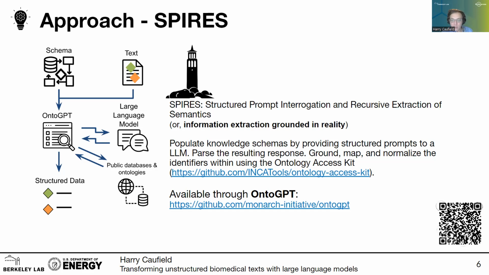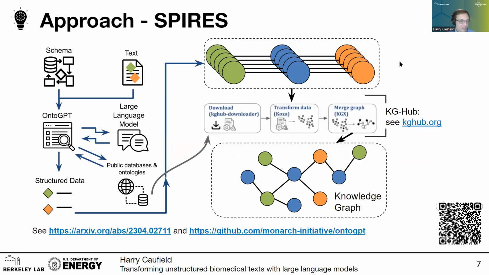You parse the resulting response, ground, map, and normalize those with the Ontology Access Kit, which is publicly available. And then you get structured data out the other end that ideally has all the capability of addressing your use cases. So this is currently available through the OntoGPT package, and if you scan that QR code over there, then you can find the program itself.